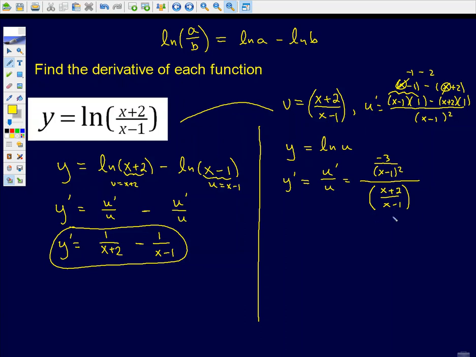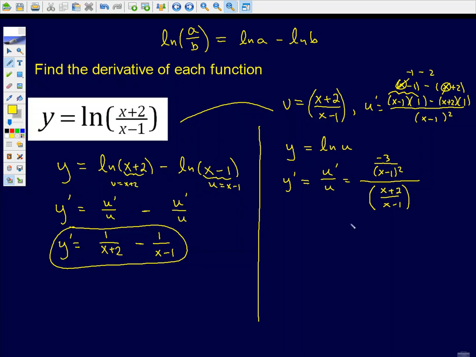Even then, this is not very simplified, okay? You could do some more algebra and try to get this all down to a single fraction. But in my opinion, why would we want to do any of that when the first way was so much better? If we expand the logarithm first, the derivatives were very easy to calculate.